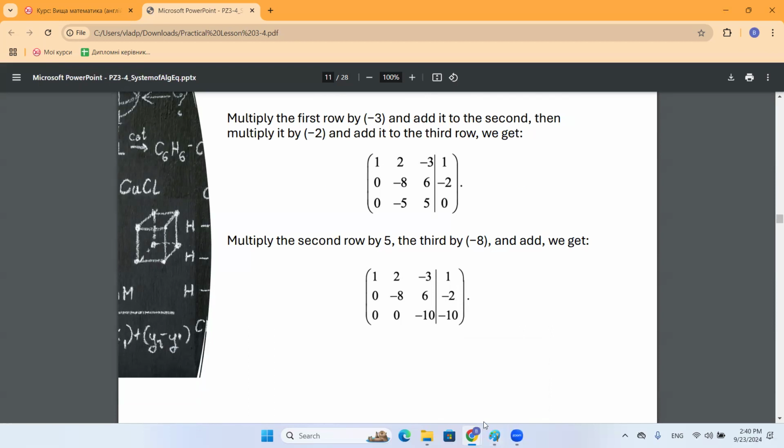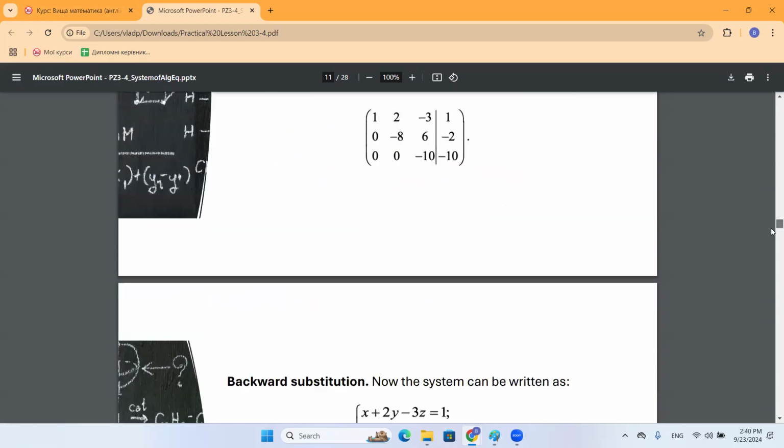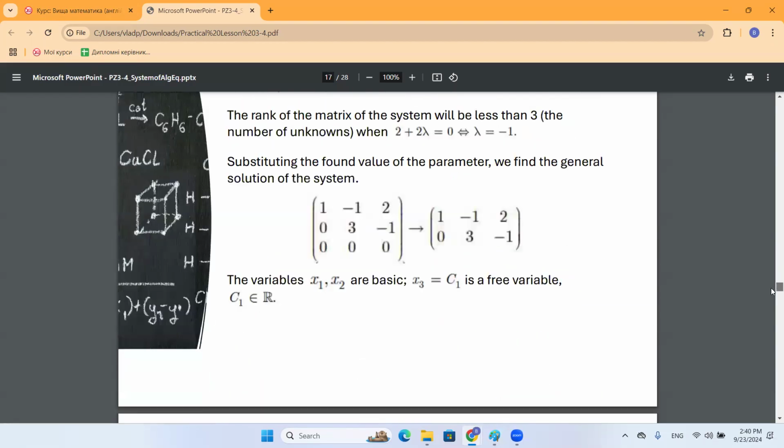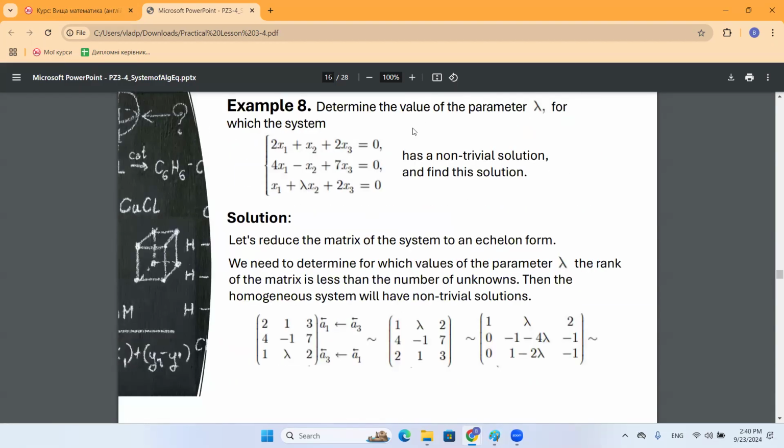Okay, if you have no questions, now we will finish our lesson. At home, you can already start doing individual tasks related to equation systems, but don't start homogeneous equation systems for now.